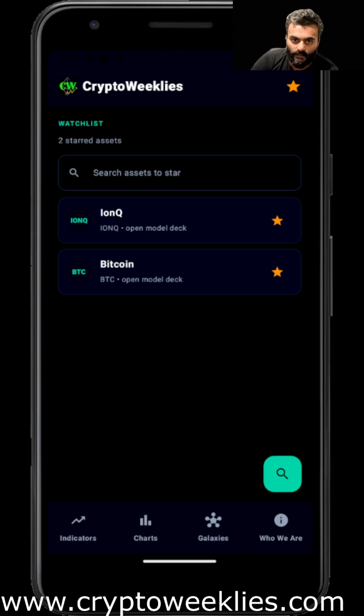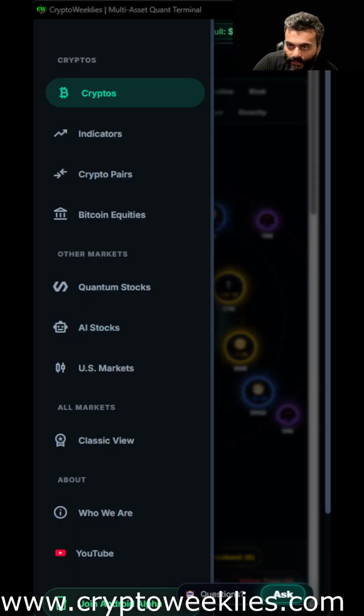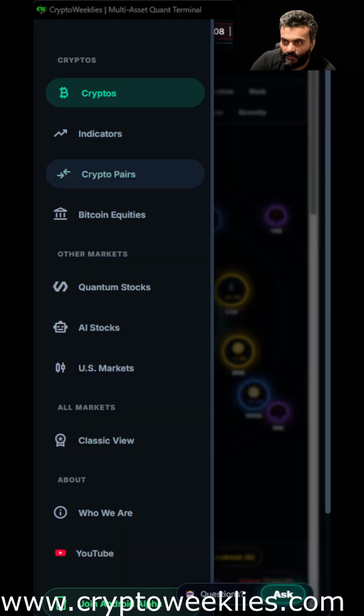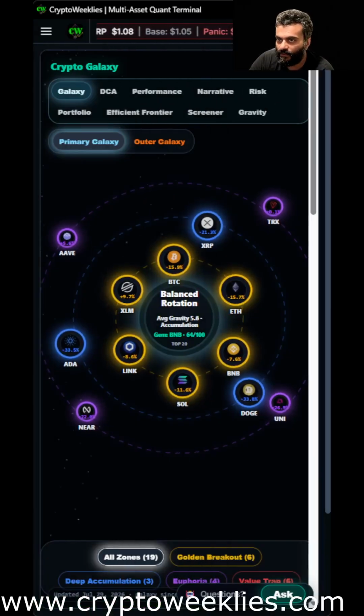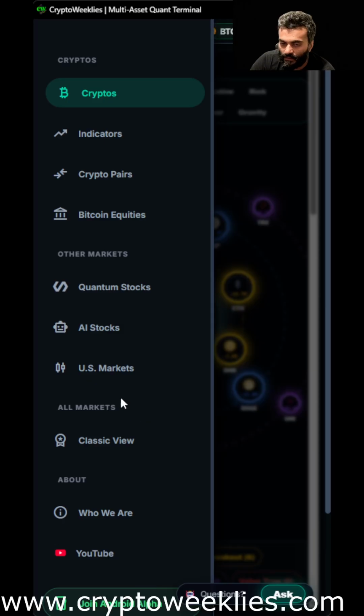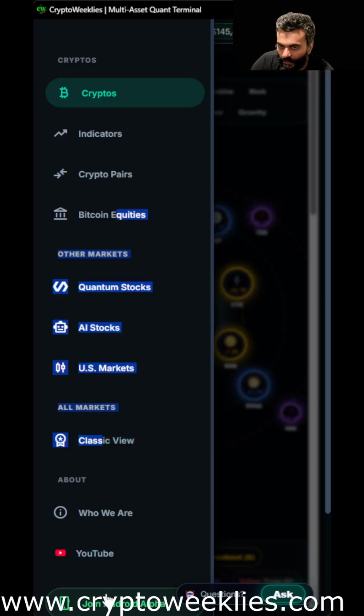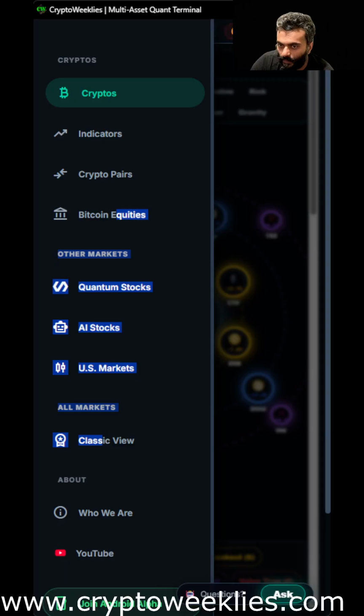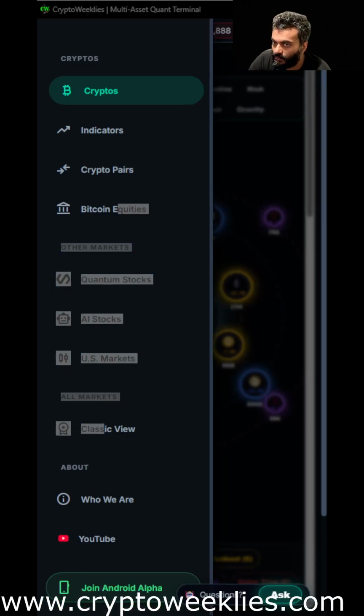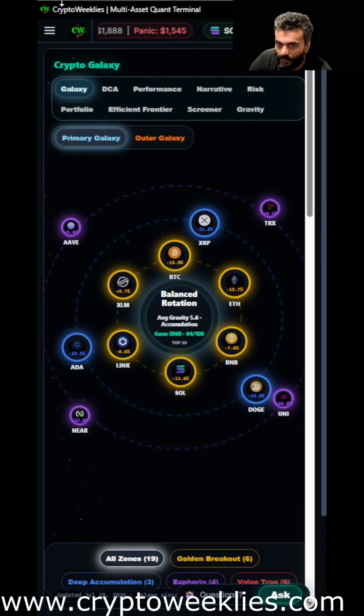All of this is available for the community, developed using a lot of effort. The way to access this app is on cryptoweeklies.com. This is the homepage of cryptoweeklies.com. If you go over here and on the sidebar, you can see Android Alpha at the bottom. Just zoomed it in.